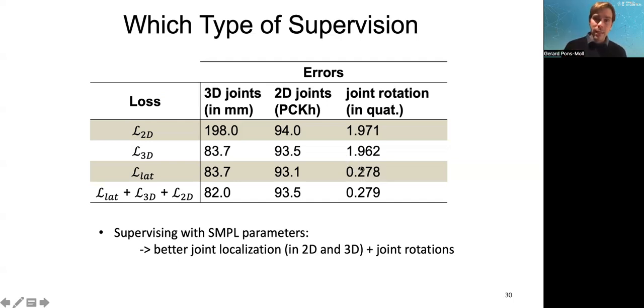It decreases significantly from 1.9 to 0.2. And at the end, combining the three losses is what gives the best results. But the important message here is that first, using three losses improves 3D accuracy. And second, if you place the loss in the latent space, it will measure both the position and the orientation error, right?